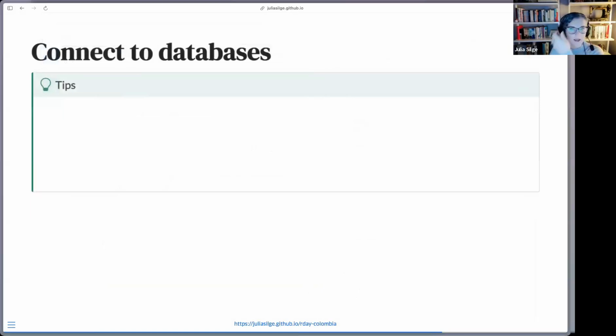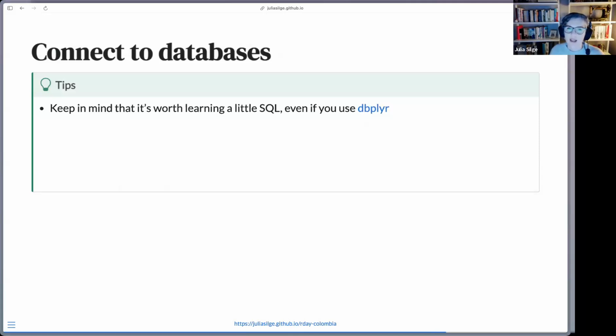So if you are working with databases, I think the first thing you probably want to know is that I'm not an expert in SQL, but I think it's worth learning a little bit of SQL.